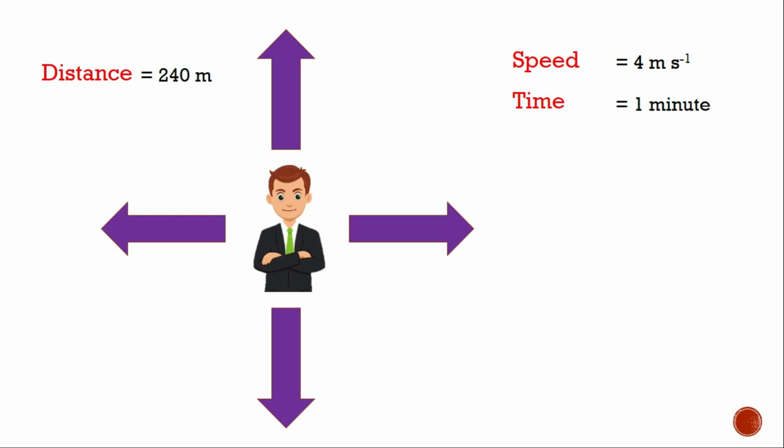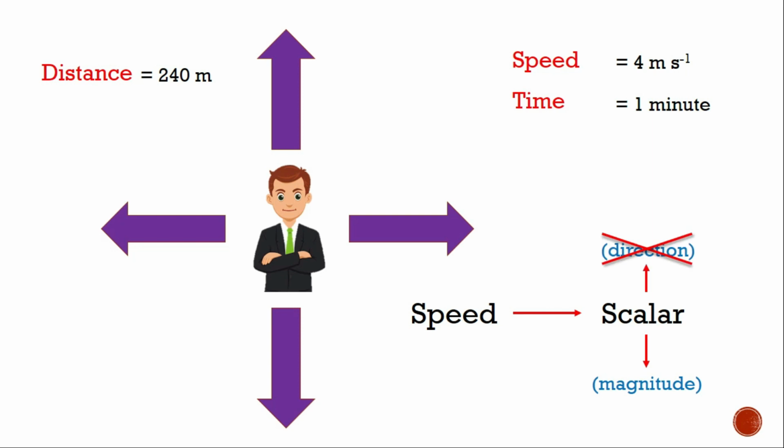See, the thing is that speed is a scalar quantity, which means that it only conveys us the magnitude of distance that we covered in a certain amount of time, but it does not express the direction in which this distance is being covered. And for this reason, you cannot determine my actual position.